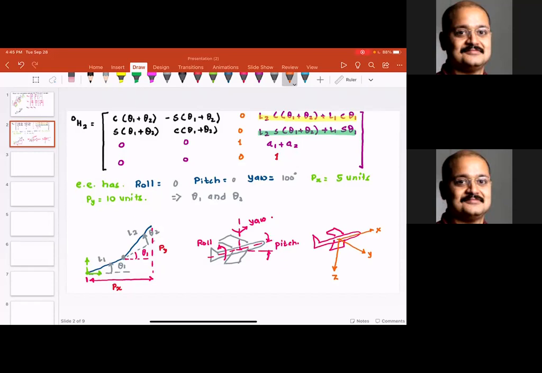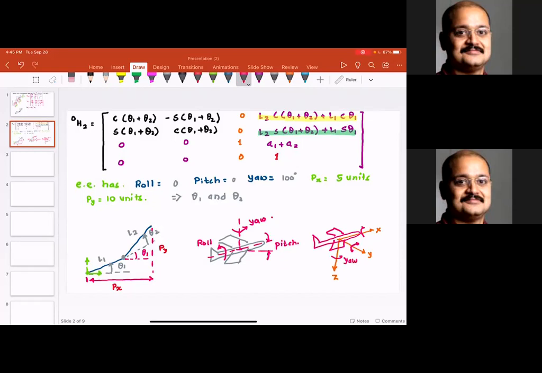You have X, Y, and Z. The rotation about Y, about the wing, is given as the pitch. Rotation about X is roll. Rotation about Z is yaw.